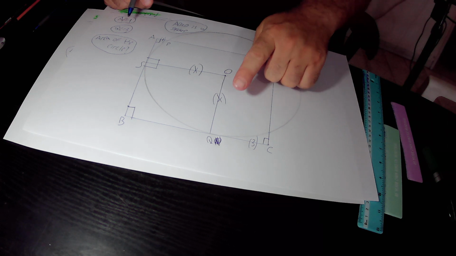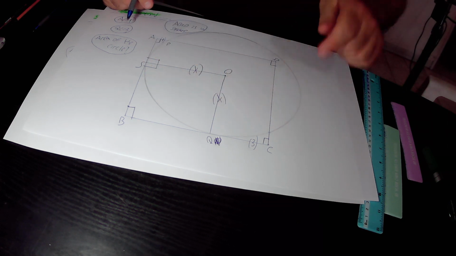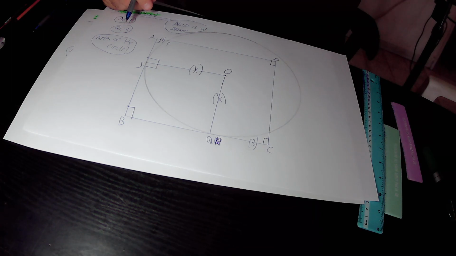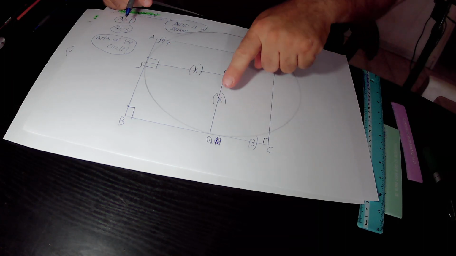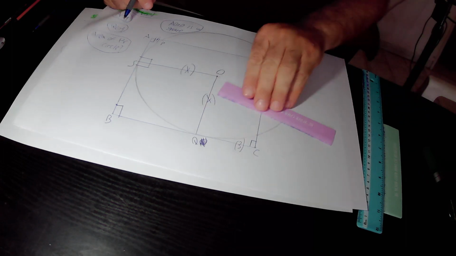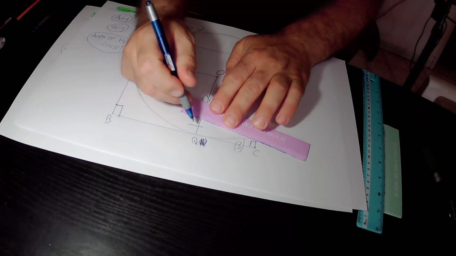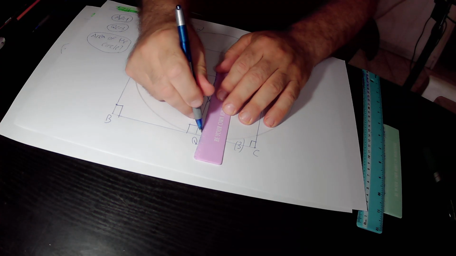The radius OQ is drawn to point Q, that is the point of tangency of tangent BC with this circle. Whenever a radius is drawn to the point of tangency, then tangent BC will be perpendicular to the radius QO. If BC is perpendicular to QO, it means that this angle equals 90 degrees, and this angle also equals 90 degrees according to the same rule, rule 1.